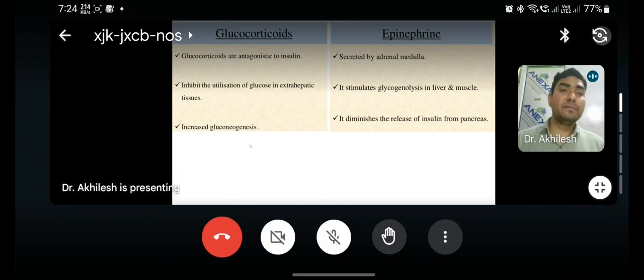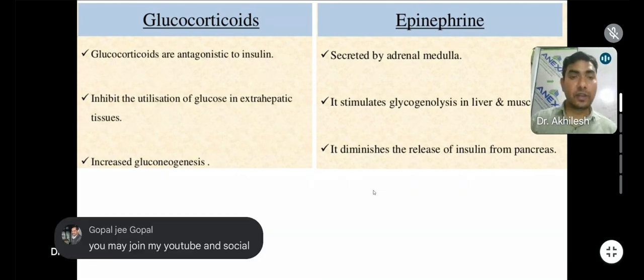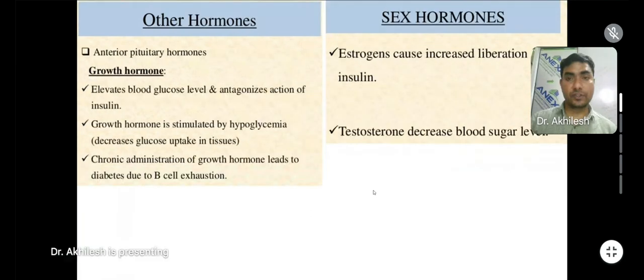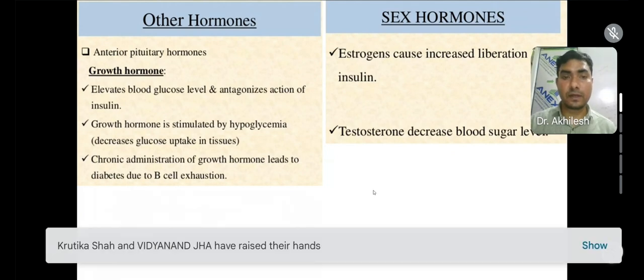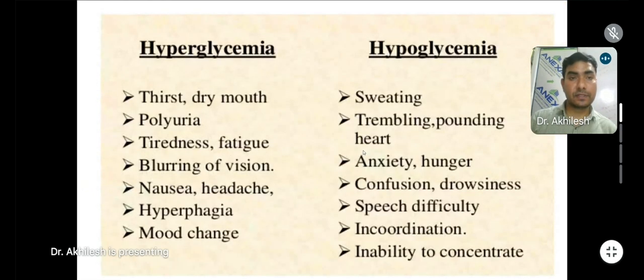Apart from that, glucocorticoids and epinephrine, which are neurotransmitters and other stress hormones, also trigger glucose production in conditions where you are excited, feeling fear, or in disease. Sex hormones and other hormones also trigger glucose production, because in all these conditions you require energy. So again, they directly or indirectly control carbohydrate metabolism.